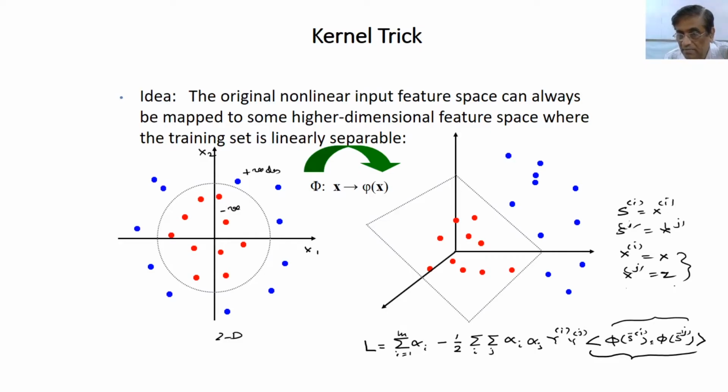And again there will be a dot product between these two, and this is a vector dot product as we have written.